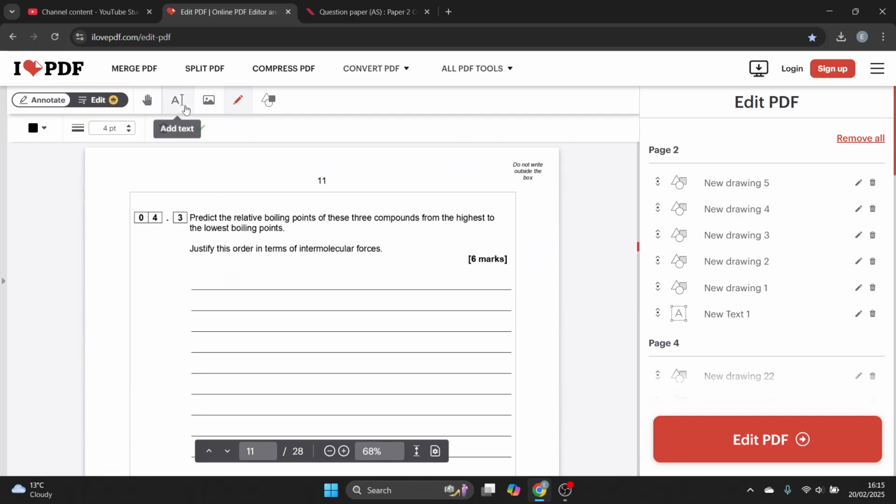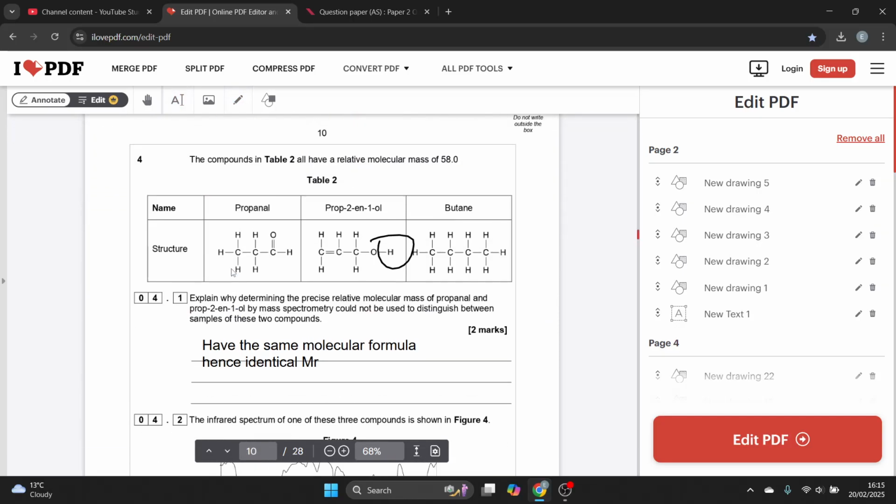Predict the relative boiling points of these three compounds from the highest to lowest boiling point. Butane has van der Waals forces, it doesn't have hydrogen bonds.